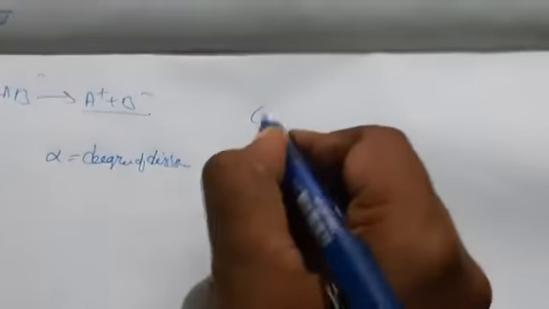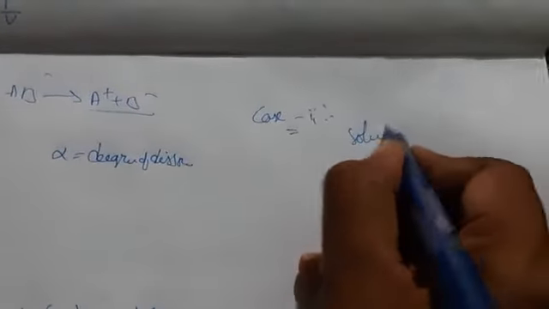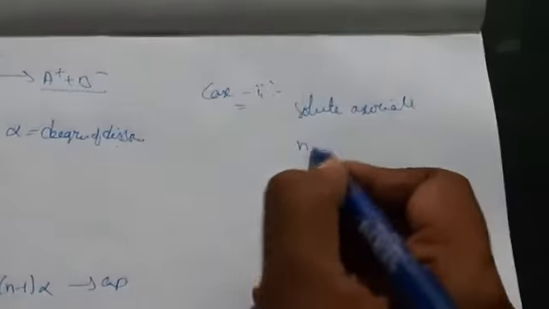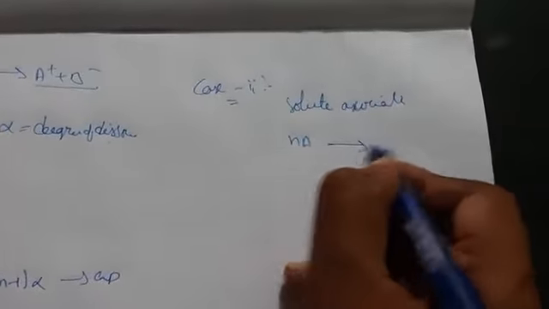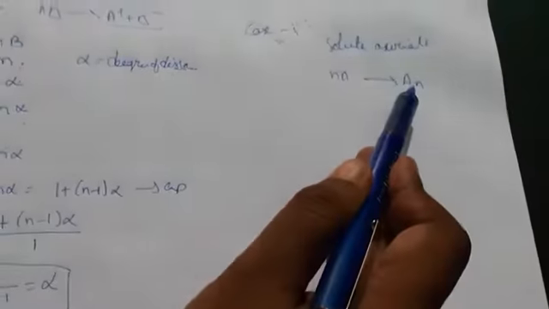If, for example, the solute is associating, what is the second case? Solute associate. Okay, so whenever the solute is going to associate, here also it is the same thing. Here n molecules give An. See, here the number of moles is increasing in the dissociation, but here the number of moles is decreasing.